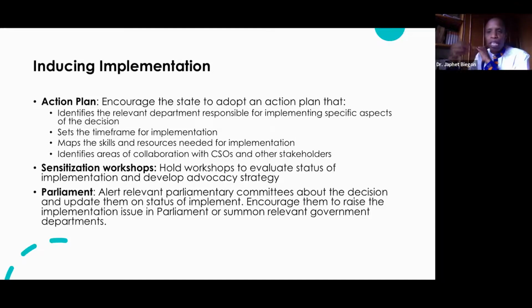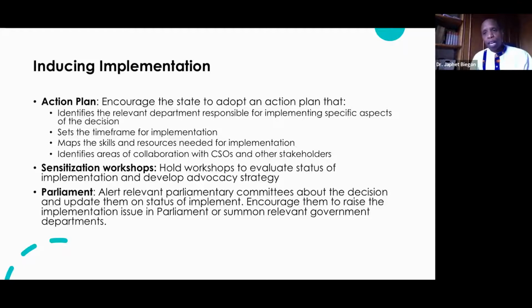So it really transplants the decision from the regional level to the domestic level and makes it a national discourse and conversation.